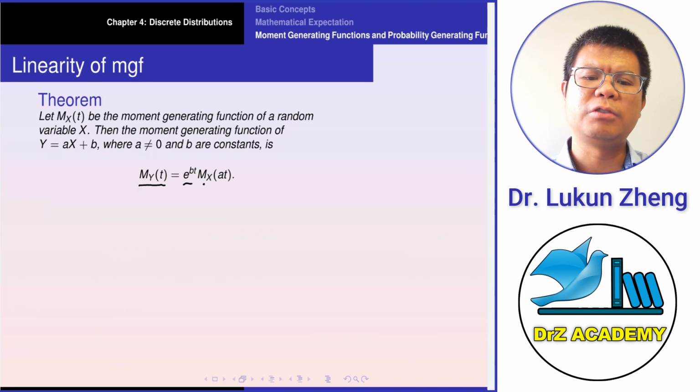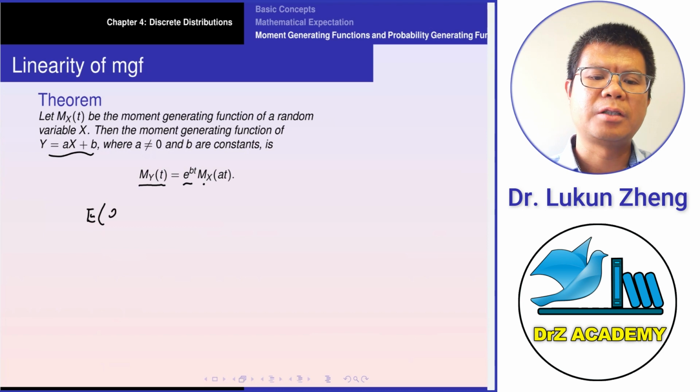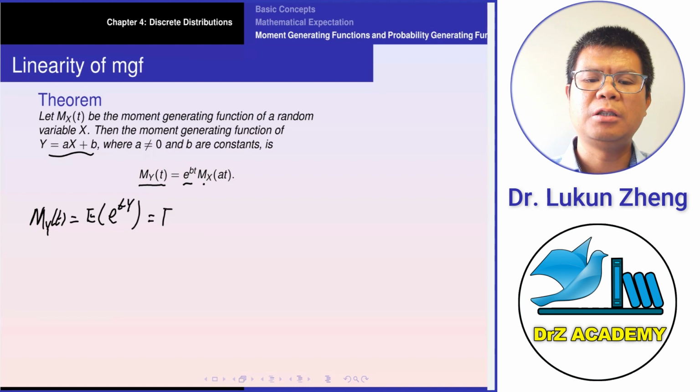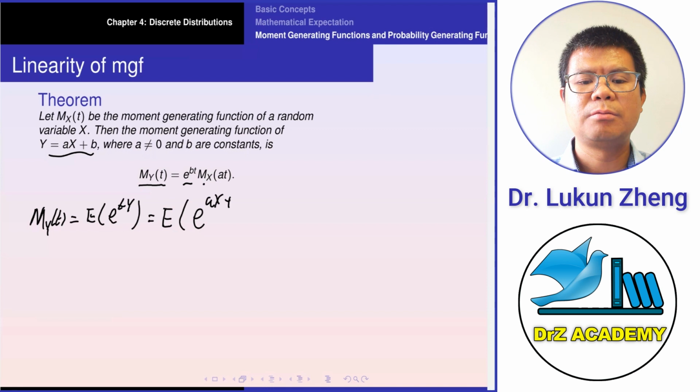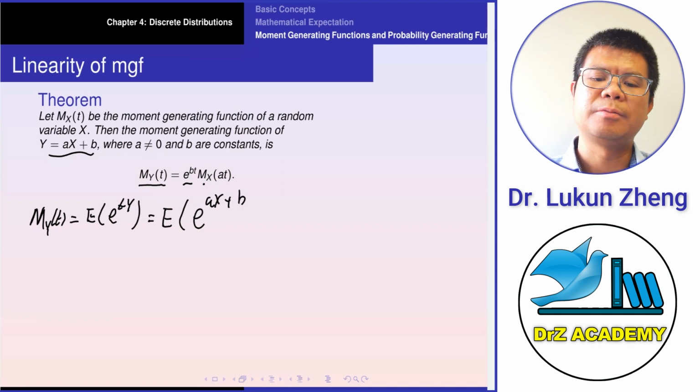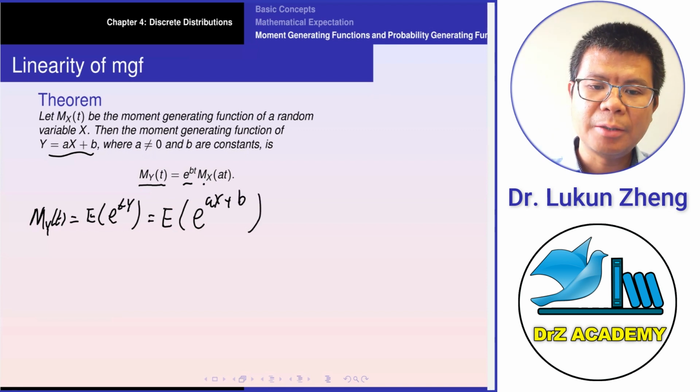This proof is pretty simple actually. The moment generating function of Y is the expectation of e to the power tY, which is the same as e to the power of (aX plus b) times t.